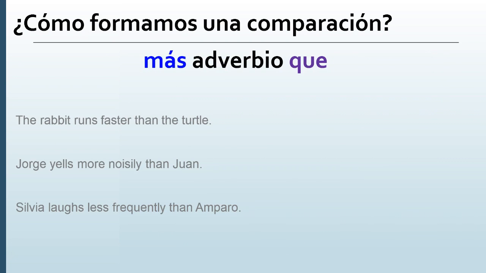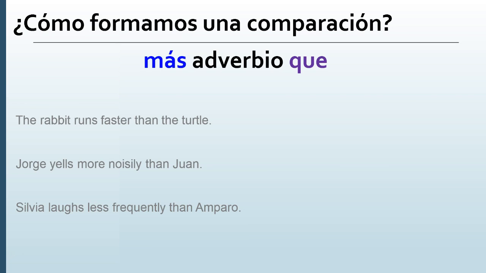All right, let's practice with this structure. It's not very different at all from the first one. The rabbit runs faster than the turtle. So if you remember vocabulary for animals, rabbit is el conejo and turtle is la tortuga.